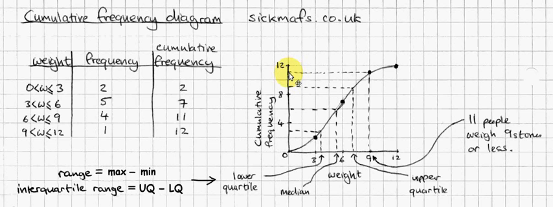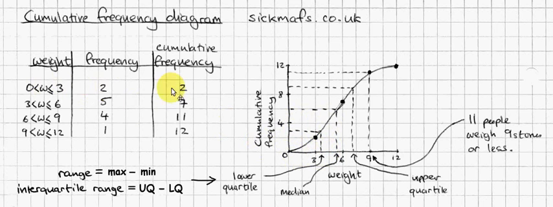So all this data is represented by people weighing 11 stones or less, because you have to remember this is cumulative frequency. All this data, from going across from 4 and down, represents the weight categories of 4 stones or less.